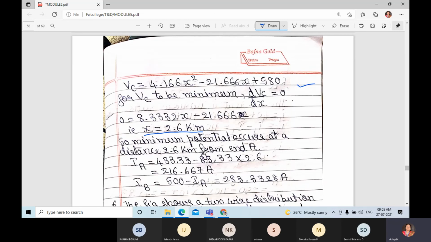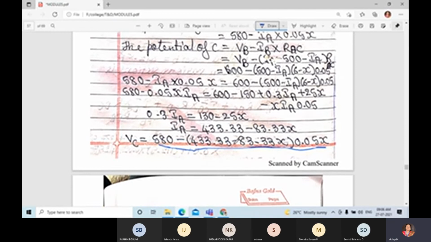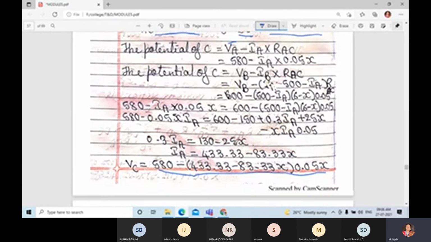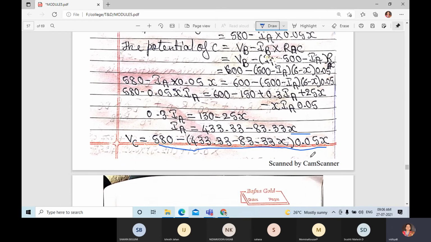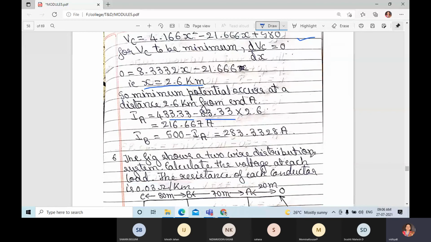So minimum potential occurs at a distance of 2.6 kilometer from end A, and IA is equal to 433.33 minus 83.33 into 2.6, because IA is equal to what we have written in the equation here, 433.33 minus 83.33x. Now we know the value of x, so just substitute and get the values of IA and IB.